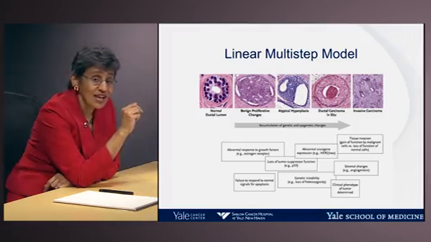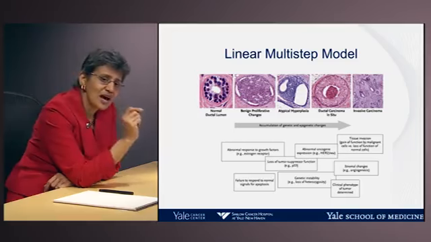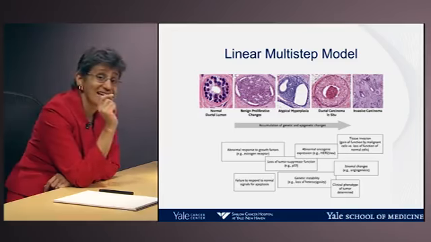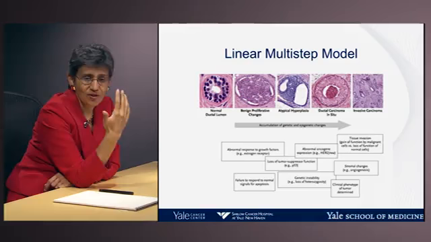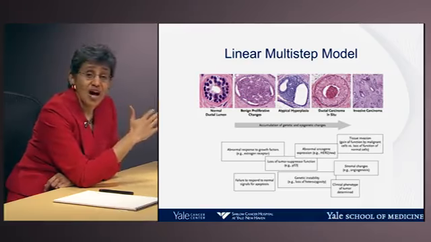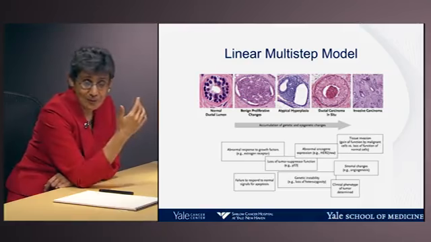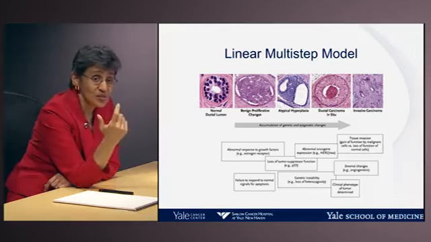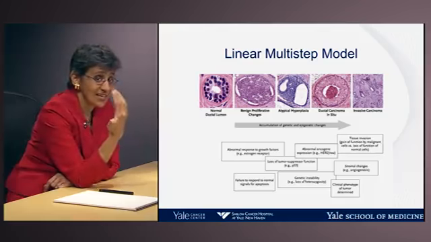Remember back to our lecture on risk? We talked about benign proliferative changes like atypical ductal hyperplasia increasing your risk for developing breast cancer. In and of itself, it's not premalignant. It doesn't turn into a cancer, but it does increase risk, and it can hang out with precancers and cancers in the same vicinity.